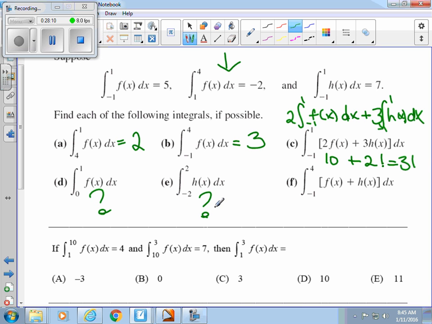I don't know that. F of x plus h of x from -1 to 4. Not possible. Why not on the last one? For h of x, now f of x I could do, but for h of x, I don't know the integral all the way to 4. I only know the integral from -1 to 1. Any questions about those?